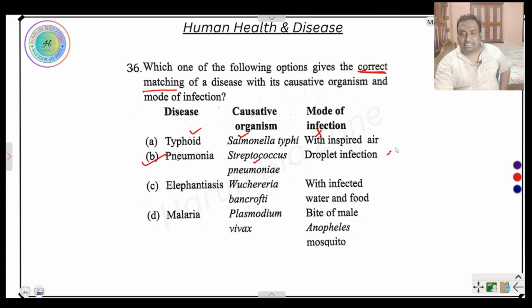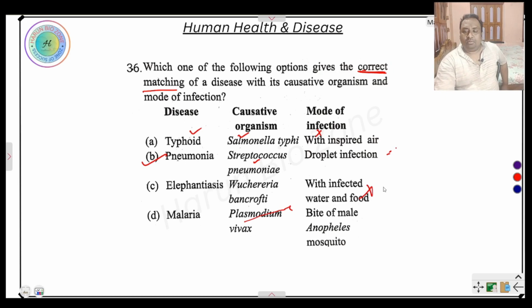Because on sneezing, a human produces 40,000 droplets, and each droplet contains these bacteria. Elephantiasis is transmitted with infected water and food, not.